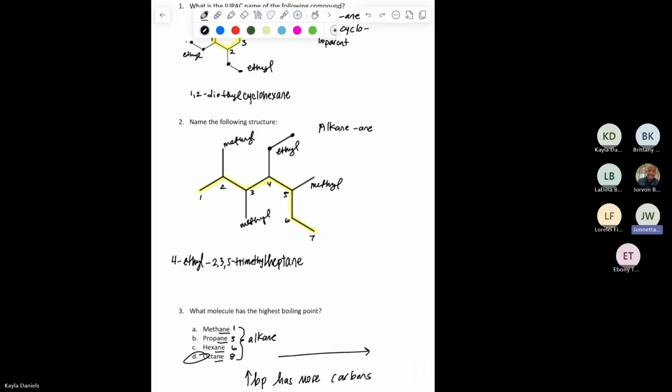Can you tell me what the two say right after 5? Trimethyl. Because there's a methyl here, here, and here. So it's tri instead of di. Okay.